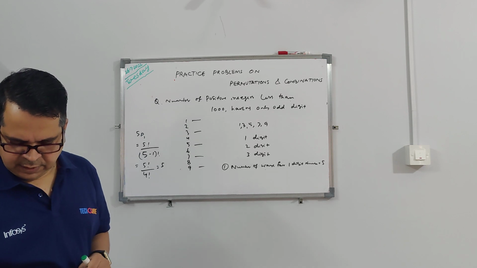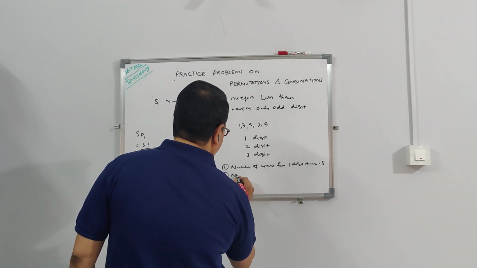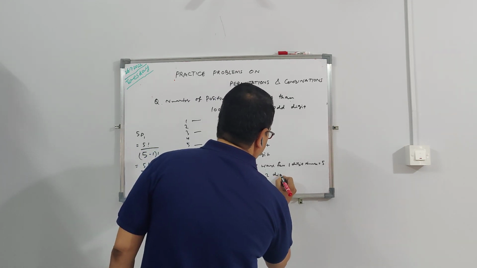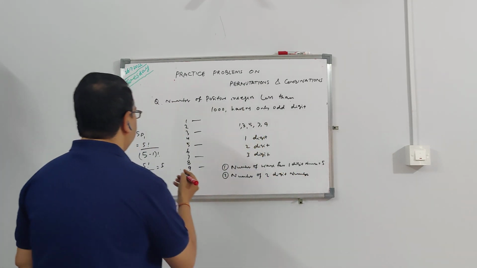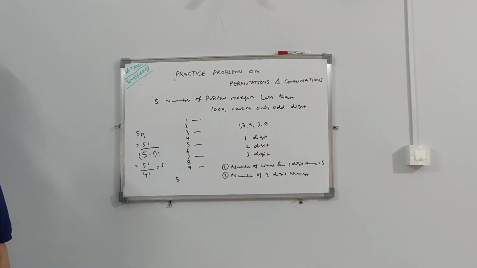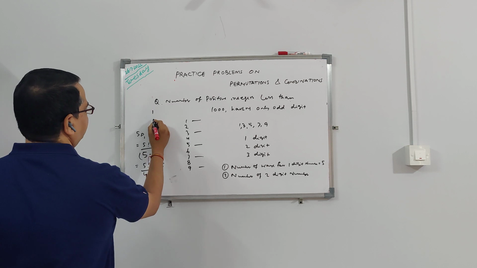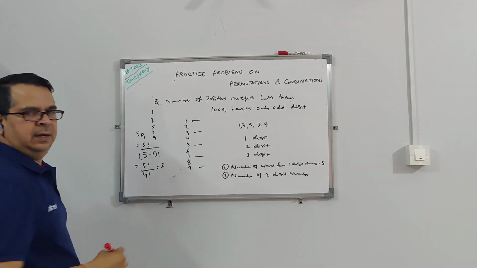Similarly, the number of two digit numbers. In the first position, in 5 ways I can put a digit: 1, 3, 5, 7, or 9.